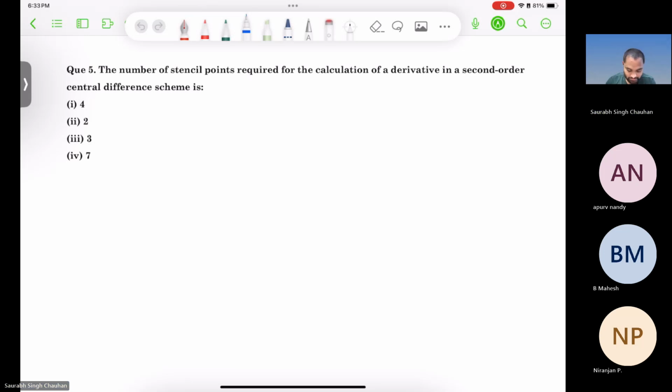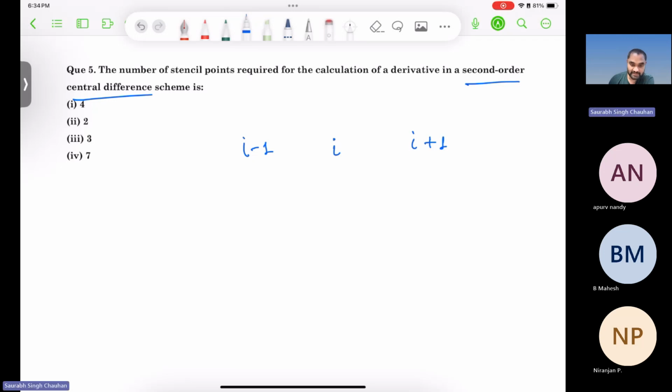So it is saying a second order central difference scheme. For example, if you have a point i, then you take 1 point backward, i minus 1, and one more point i plus 1.